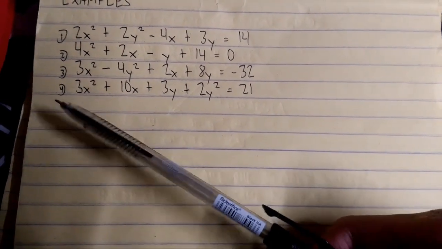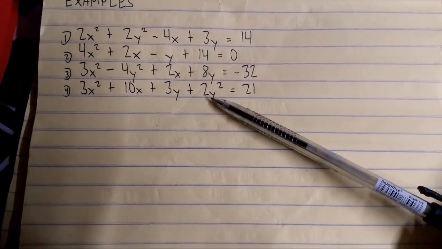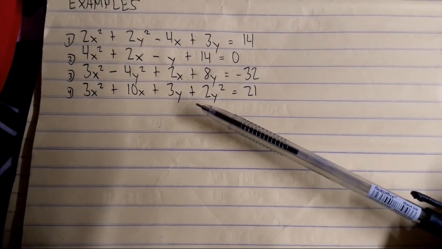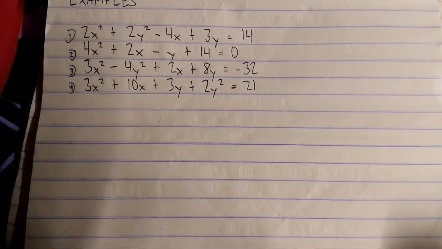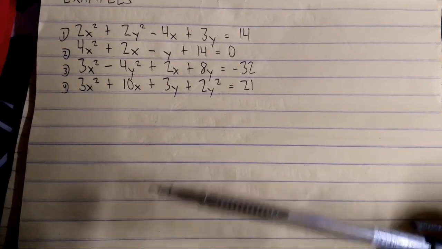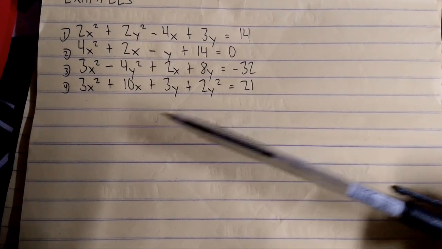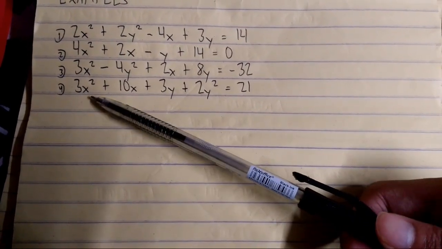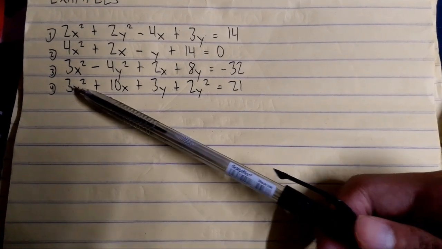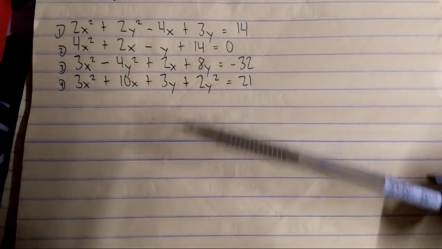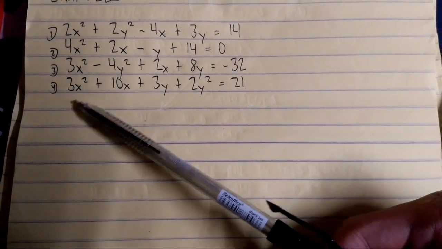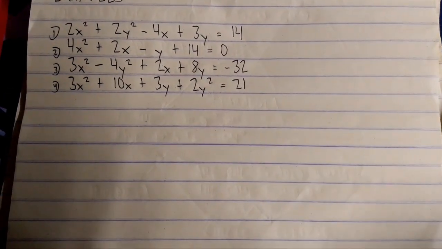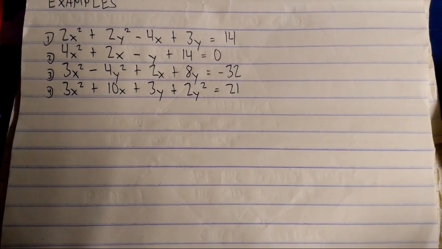As you can see, they are both positive. Then let's proceed to the last question. Are both squared variables the same number? As you can see, it is not the same. The value of x is 3 and the value of y is 2. Therefore, the conic section for number 4 is an ellipse.